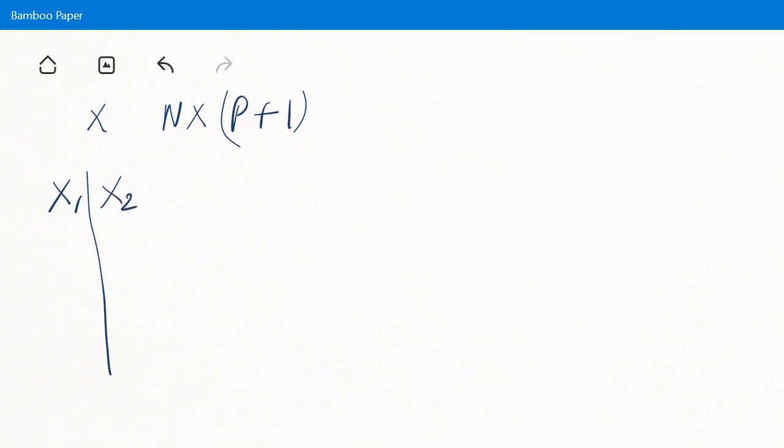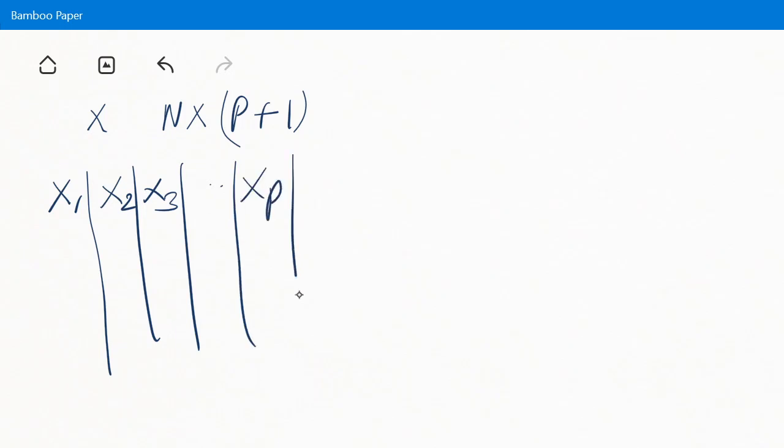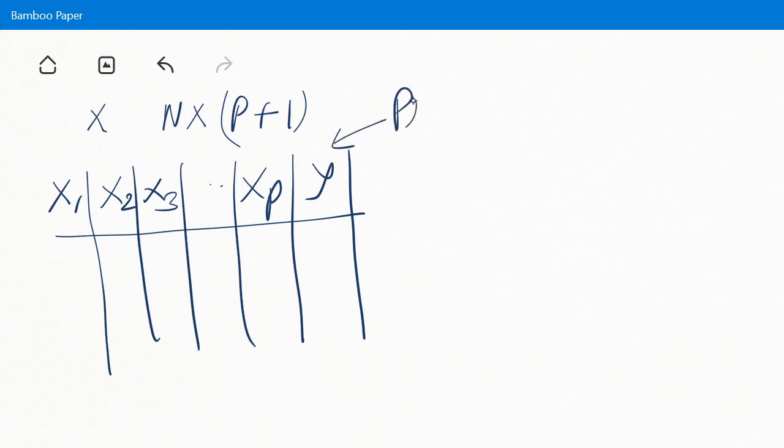We can write it as, these are the number of features. We have xp, so p features, and a dependent variable y which we want to predict. This is a continuous variable.